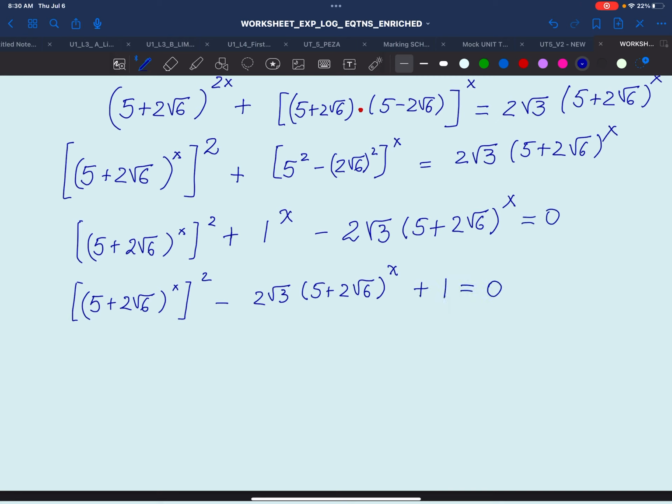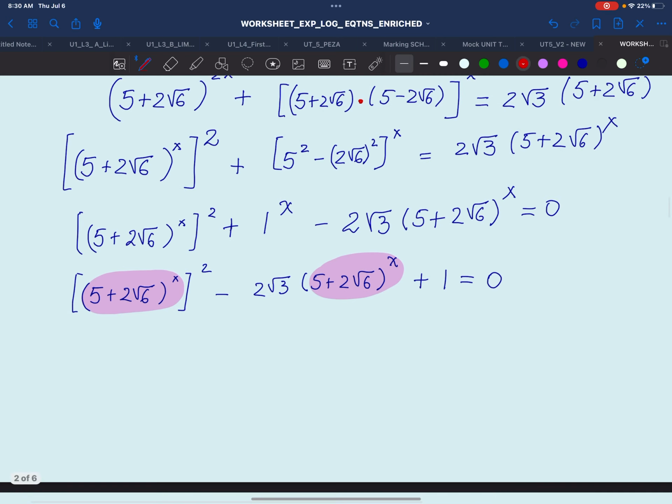Do you see the quadratic equation now? It's going to look even better when we replace this good-looking base by some number a. So a is coming here, a is coming here, and this equation will turn into a squared minus 2 root 3 a plus 1 equals 0.